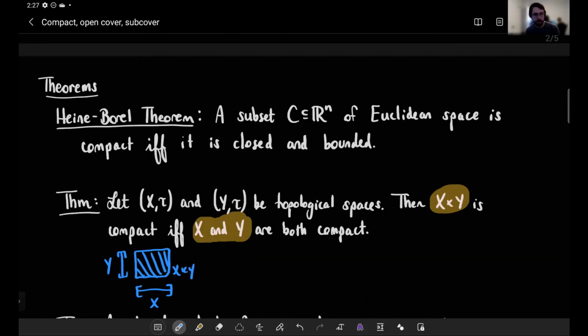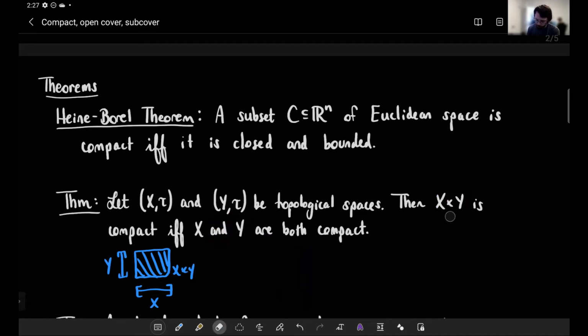Of course, the drawings I'm doing are based on your Euclidean brain, and you're thinking, okay, compact means closed and bounded, so I drew closed sets that are bounded in their size. But it works in general in topological spaces that aren't just Euclidean space. And vice versa, if you take some compact Cartesian product, that means each of the components will be compact. Sort of if you project onto each of the axes, those will be compact as well.